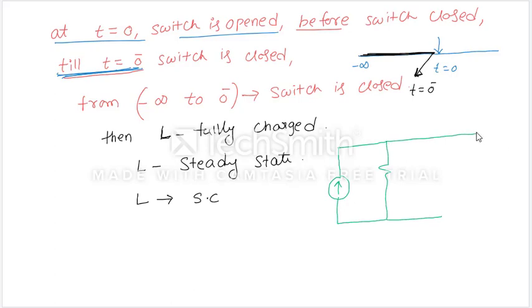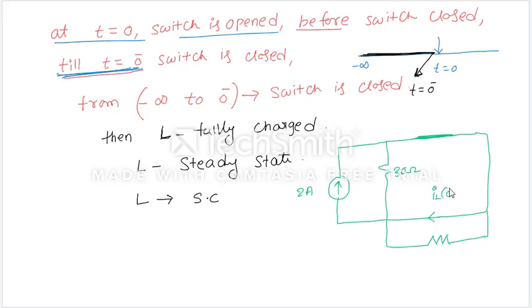The switch is closed now, and the inductor will be like a short circuit. And here is a resistor. How much is this current? 2 amperes. And this is 30 ohms. Here the switch is closed.